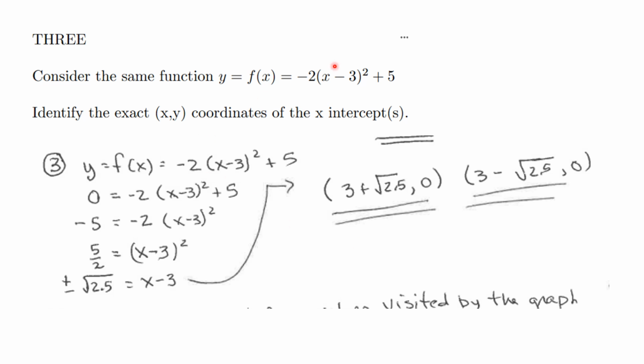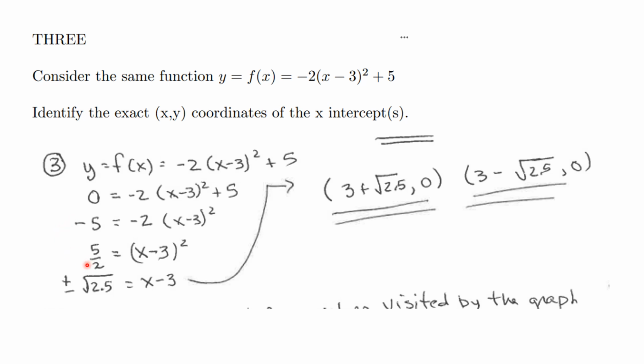Problem number 3, we're dealing with the same function yet again, but now you were supposed to find the exact xy coordinates of the x-intercepts. Now the x-intercepts happen when y is equal to 0. And so we put 0 in for y and we solve for x. We subtract 5 from both sides. We divide by the negative 2.